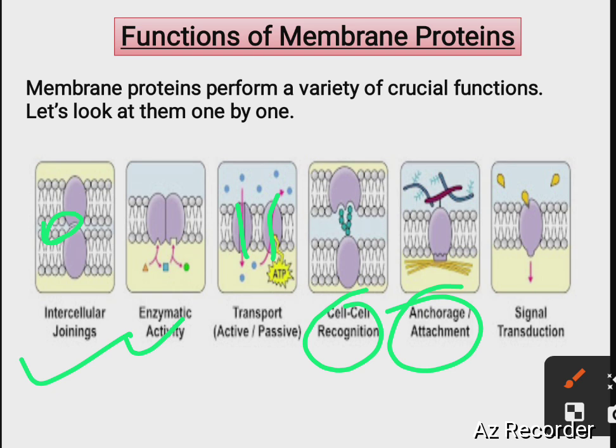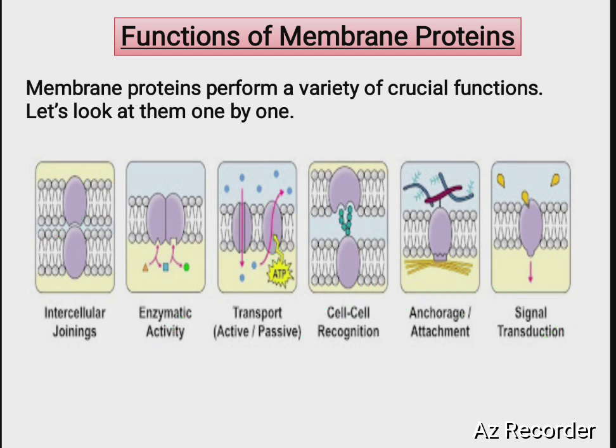And signal transduction: receptor proteins especially detect signals like hormones and trigger cellular responses. That acts as signal transduction. These are the main functions of membrane proteins.